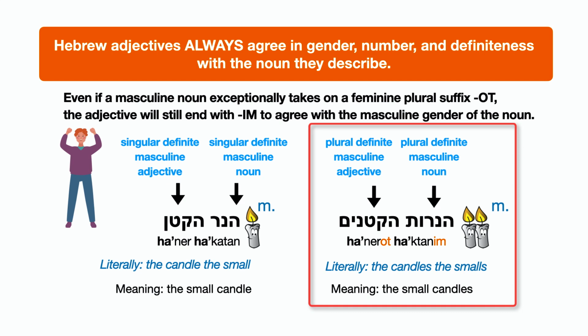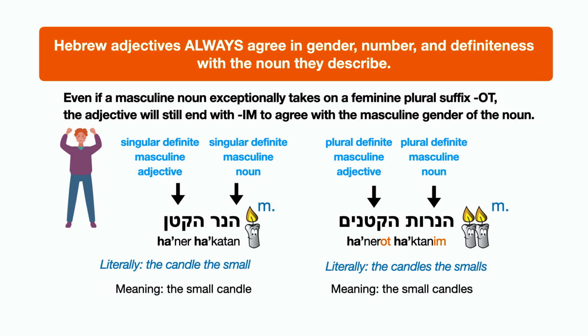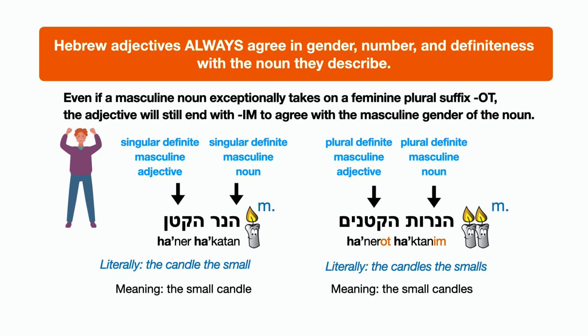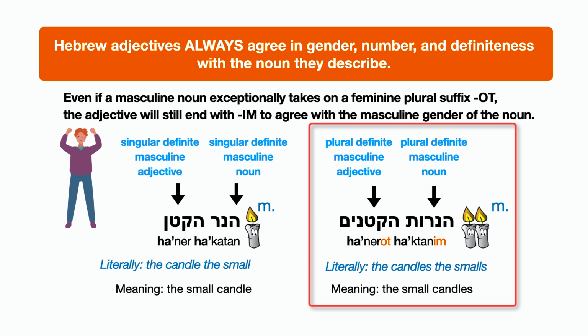So we add ha, a definite article, because Hebrew adjectives also agree with the definiteness of the noun being described. It's not just any noun, it's a particular noun we are referring to. So haner hakatan means the small candle. If you want to say the small candles, plural, hanerot haktanim.